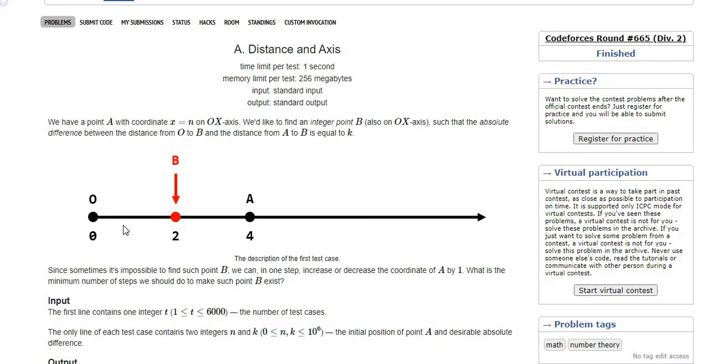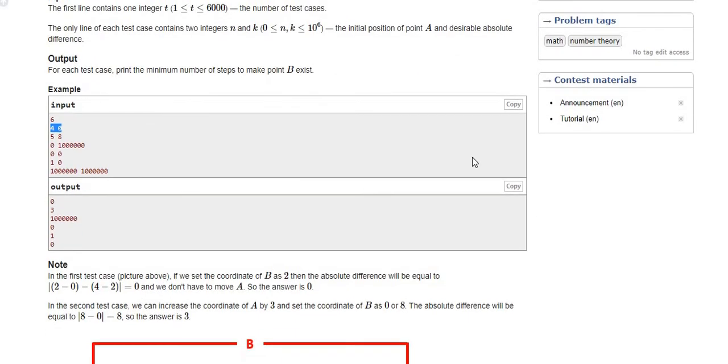So 2 minus 2 is 0, which is equal to K. So here we don't need to perform any adjustment like increment or decrement on A's value. That's why the output is 0.